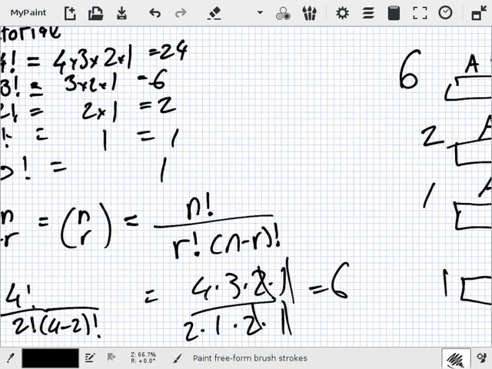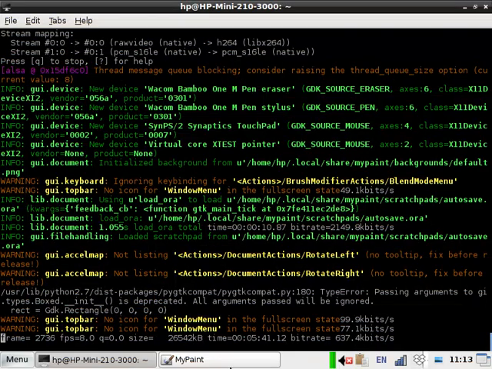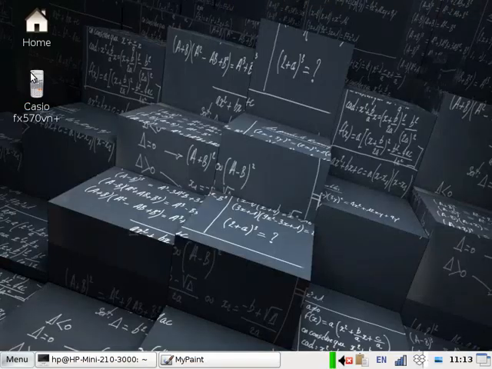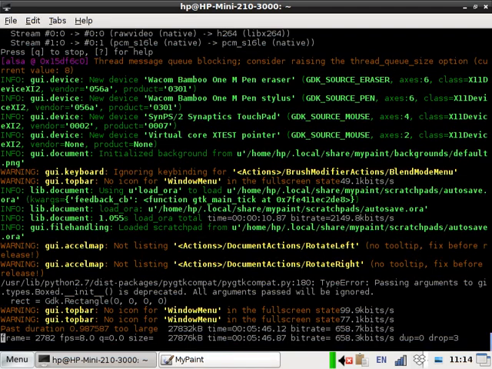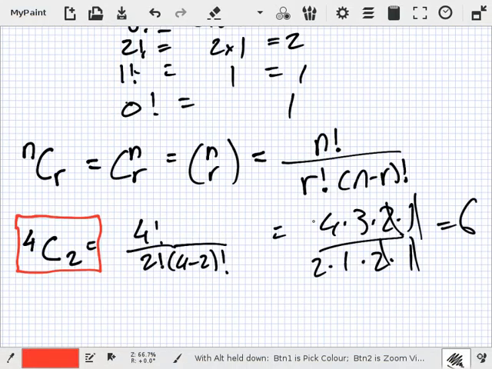Okay, so what I want you to do is have a look at your calculator, because your calculator should have this button on it. If I open mine here. Did you find it on your calculator?